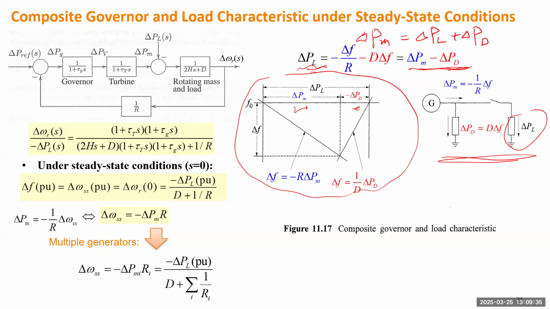This gives you a better idea. The left-hand side is the total change in the mechanical power, which you can measure from the turbine. The right-hand side is the total change of the load, including both frequency-dependent and frequency-independent load. If this system is also connected to an external area, you may also need to add another type of load, which may be a tie-line flow. So if this is area 1, there will be some tie-line flow going to area 2.